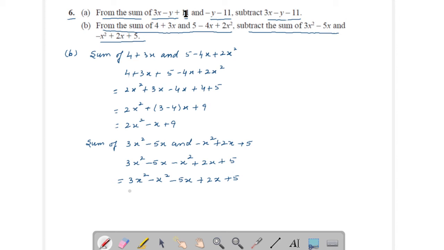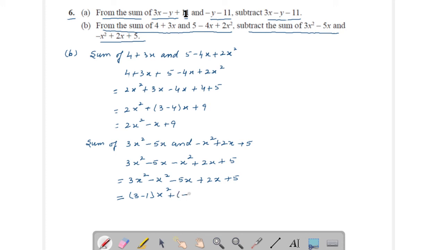Now solve it. Take x square common. It is 3 minus 1 x square plus take x common.